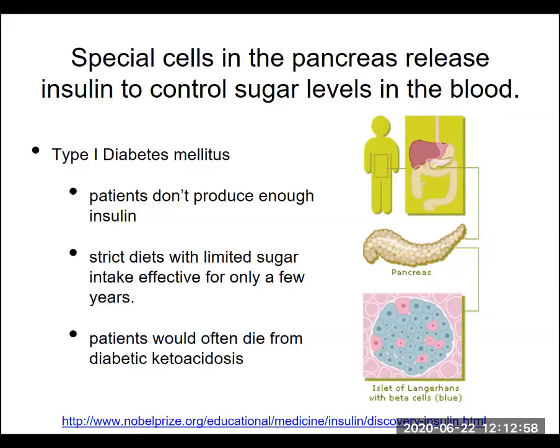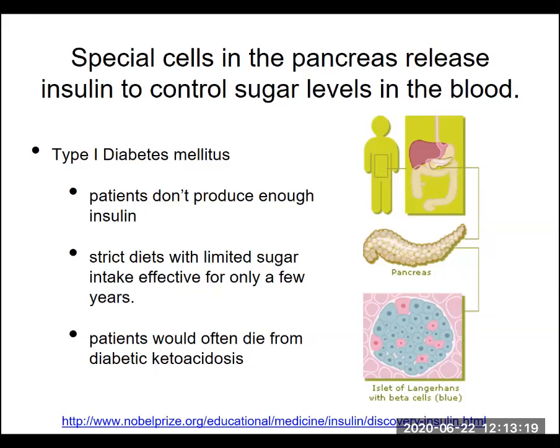The problem is that having too much sugar in the blood can cause a lot of problems. It can contribute to diabetic ketoacidosis, disrupt blood flow, cause nerve damage, and cause blood vessel damage, unless we can bring that down.